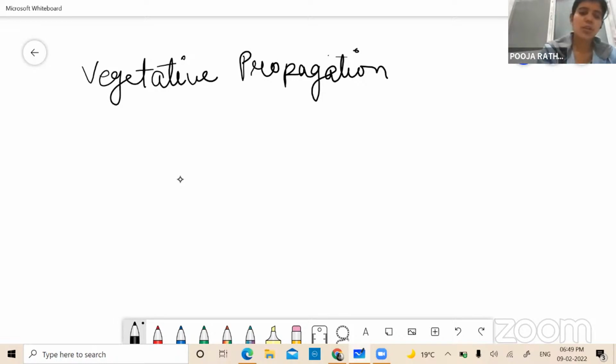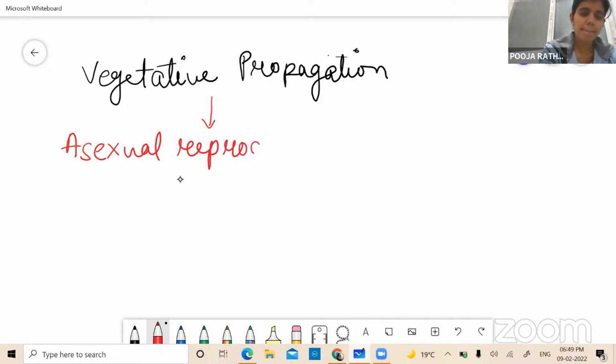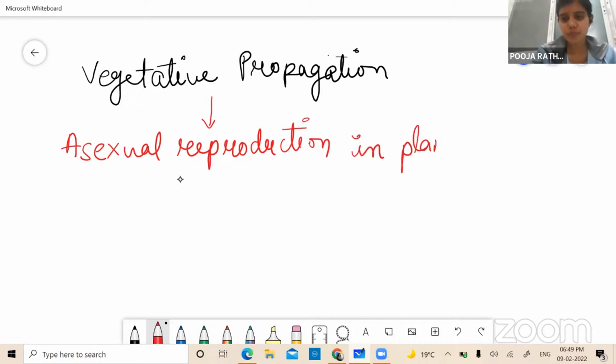In vegetative propagation, what is it actually? It is asexual reproduction in plants. That is called vegetative propagation.